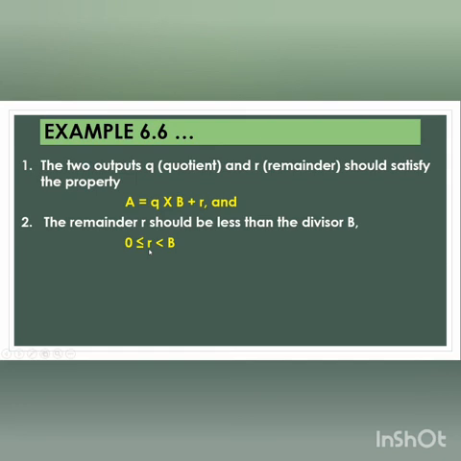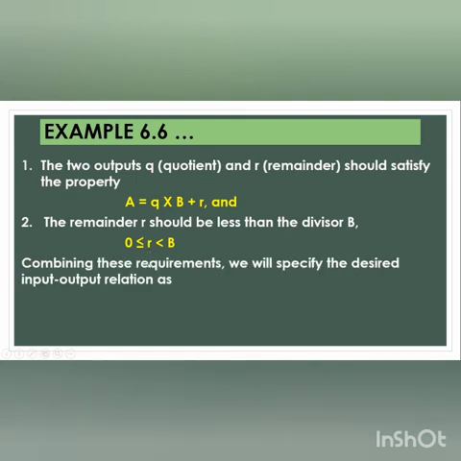Combining these two properties, we specify the desired input-output relation. Now, the output property is double dash outputs colon A is equal to Q into B plus R and 0 is less than or equal to R, then less than B. So, this is the specification of the output property here.